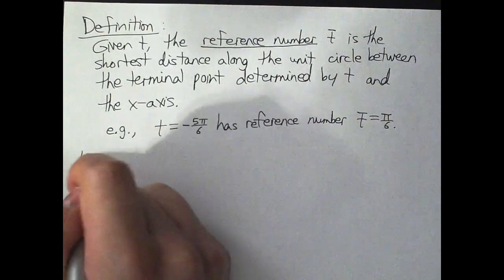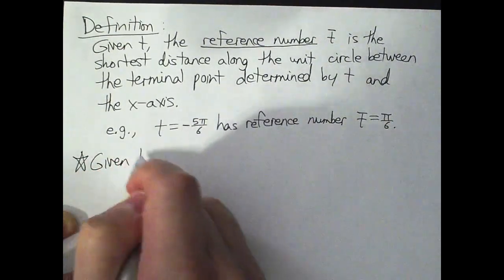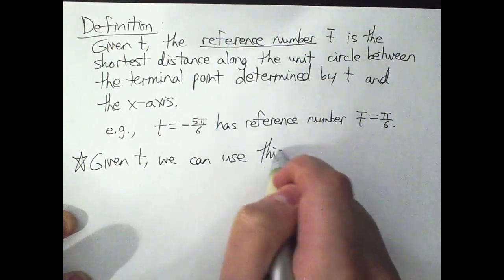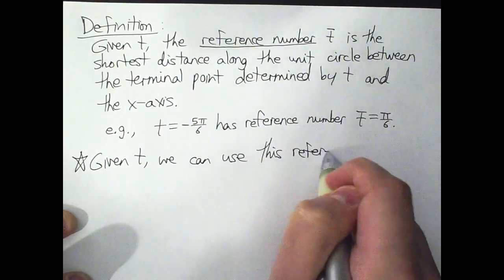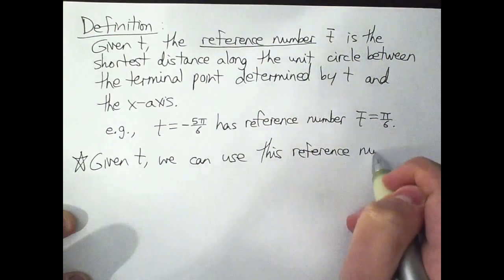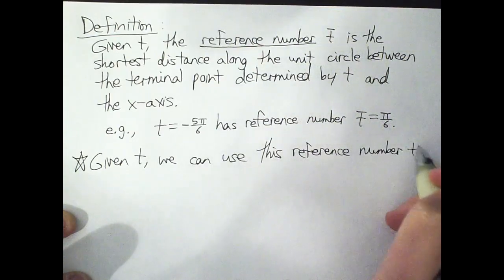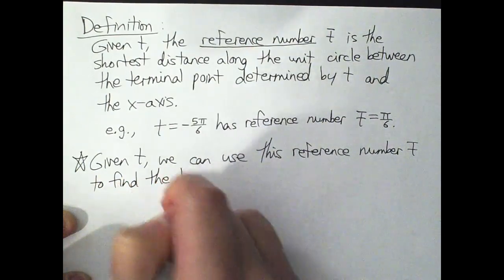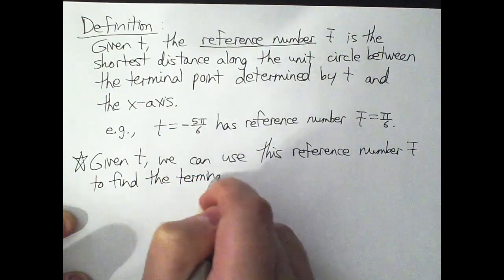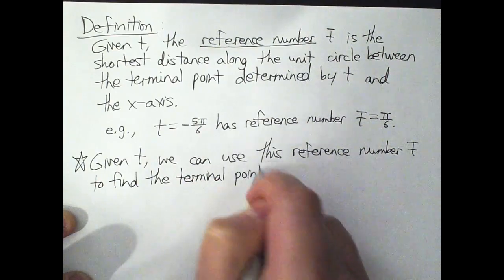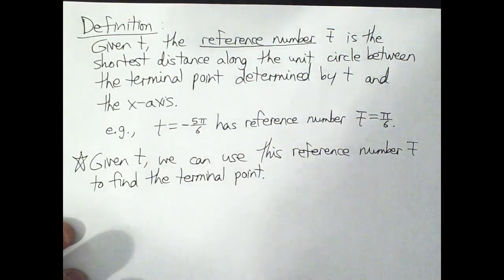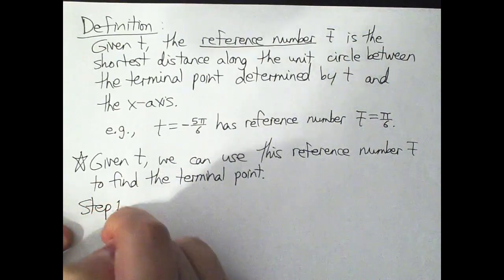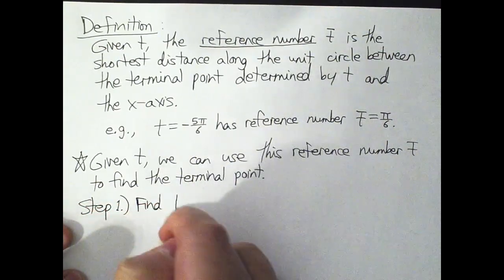In some other problem, it might be something else. Now, if we are given t, we can use this reference number, t bar, to find the terminal point. And I'm going to be describing what we just did, but in a more formal way. We're going to break this into 3 steps. Step 1, find t bar.